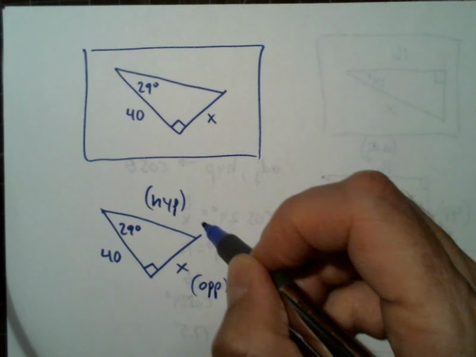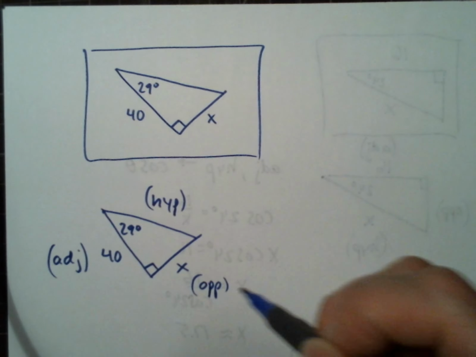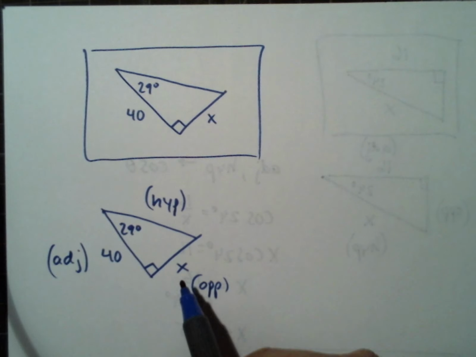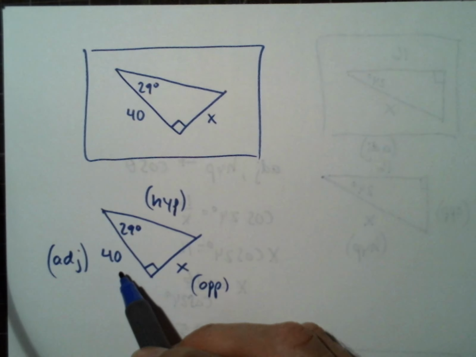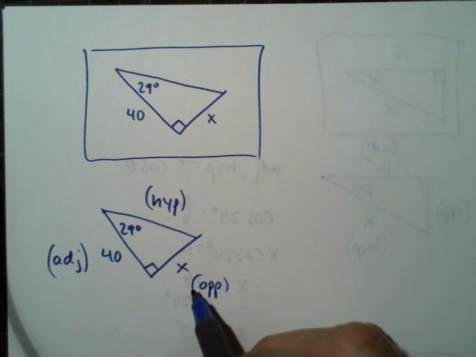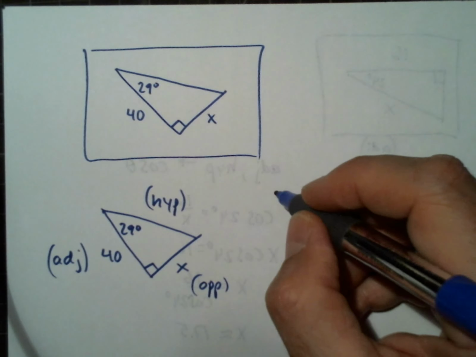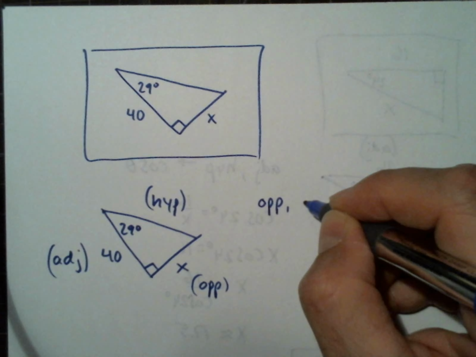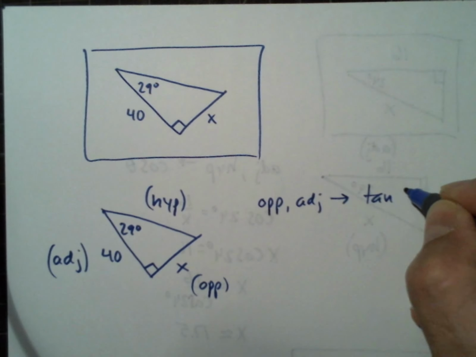Hypotenuse and adjacent. We want to know the opposite. We know the adjacent, so we want to use a trig function that uses opposite and adjacent. Opposite and adjacent means we want to use tangent.